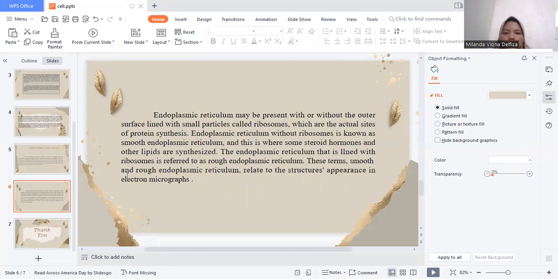The endoplasmic reticulum that is linked with ribosomes is referred to as rough endoplasmic reticulum. The terms smooth and rough endoplasmic reticulum relate to the structures and appearance in electron micrographs.